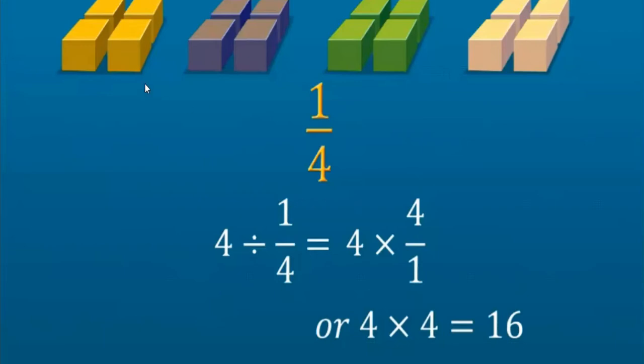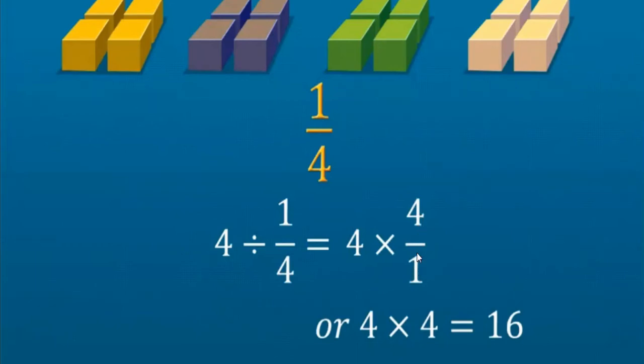So what are we doing? We are taking these 4 slabs. We divide each of the 4 slabs into 1/4. Whenever it is asked to find the division of a whole number with a fraction, what do we have to do? We have to take the reciprocal of the fraction. That is, if it is 1/4, we turn it upside down, and it becomes 4/1.